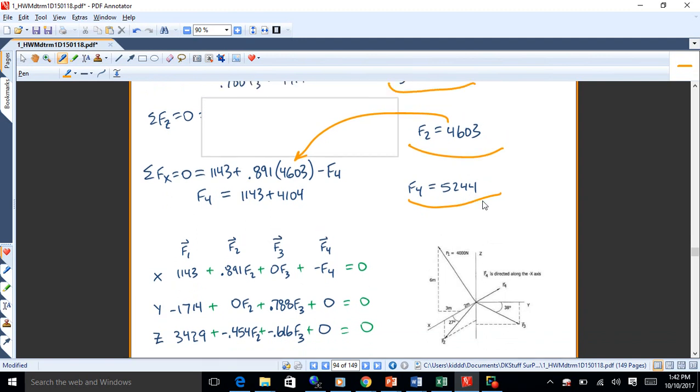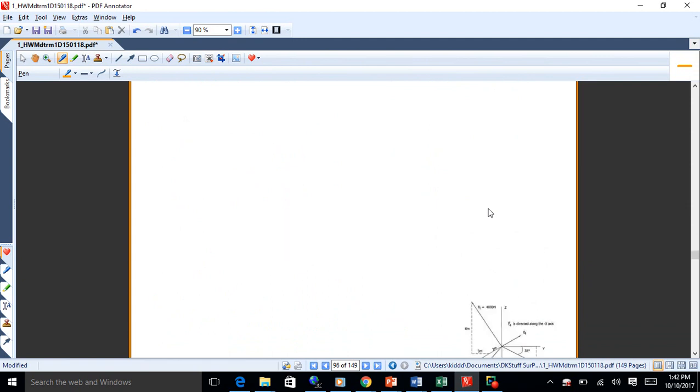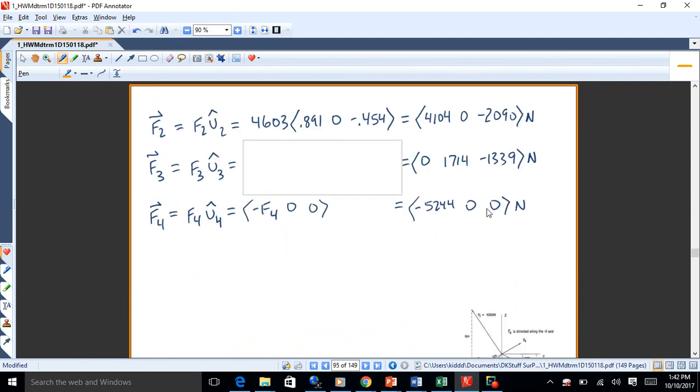So the columns with the numbers plugged in is what the answers will be, okay? So I don't have those anywhere, but there we go. So there's F2, F3, and F4 as vectors. So there's the final answers that I'm looking for. So we okay with that?